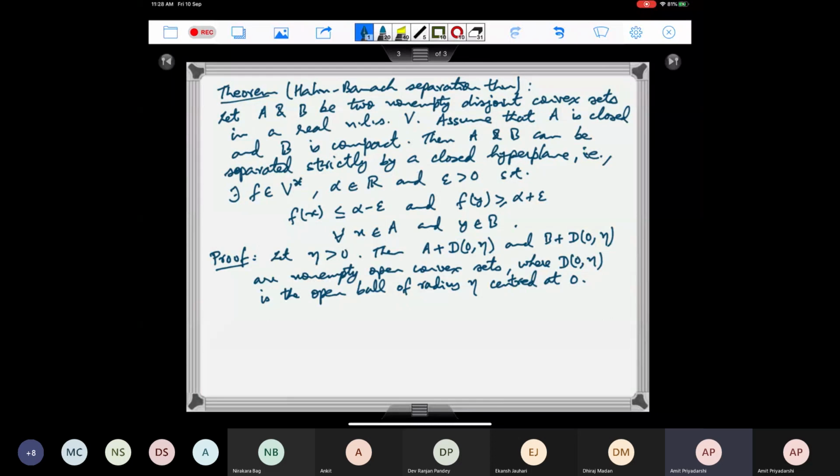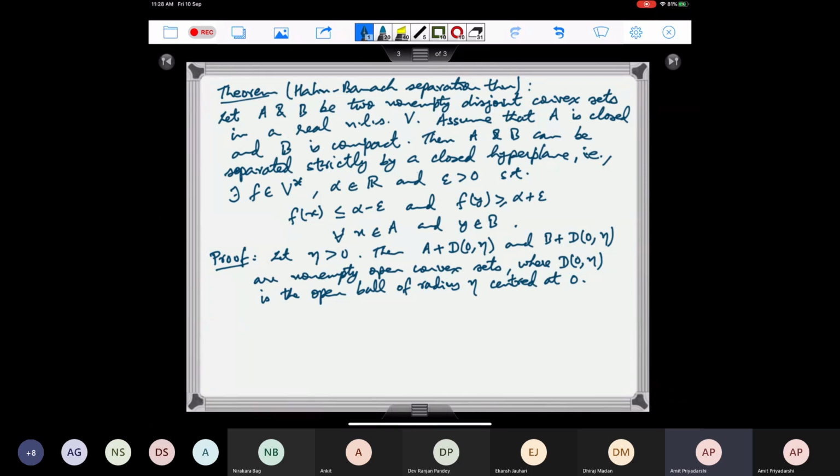We said that if one of them is open and you add another set, then it will be open. Because D0 eta is open, any translate of an open set is open, that is D(x, eta) where x belongs to A, and then we take the union over x belonging to A. A union of open sets is open, so therefore this is open.